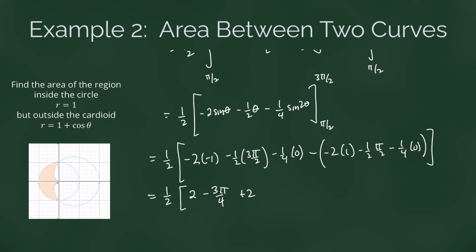We get plus 2 plus pi over 4, which is 1/2 times 4 minus pi over 2, which is 2 minus pi over 4. And that is our final answer.